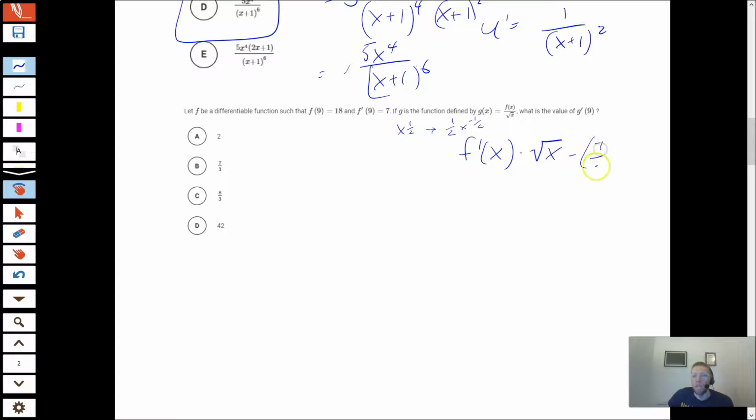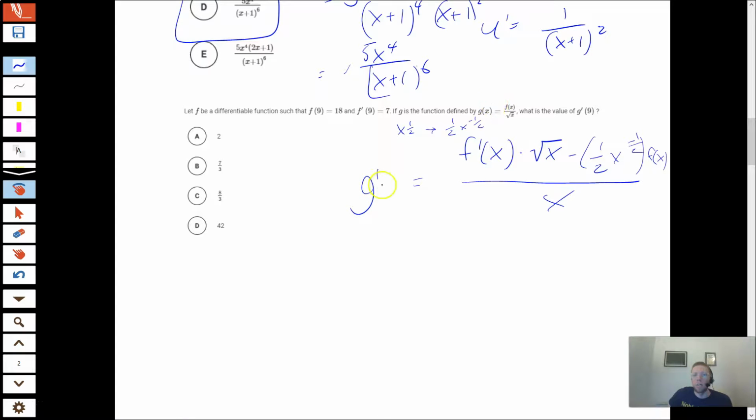So 1/2 x to the negative 1/2 times f of x. And then all over g of x squared. Well, that's kind of nice because root x squared is just x, right?